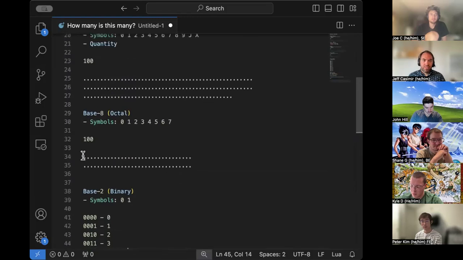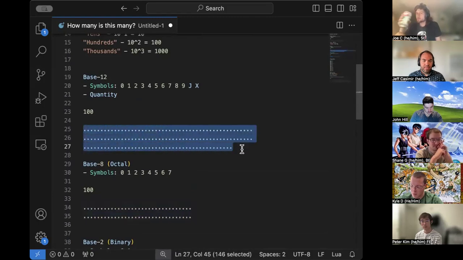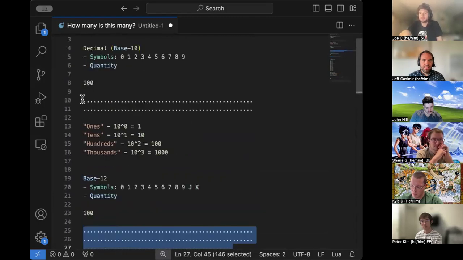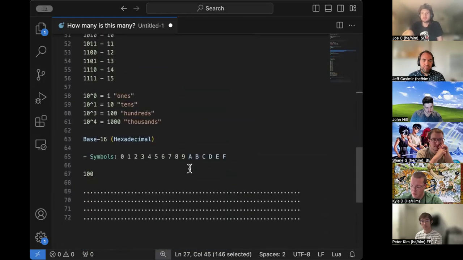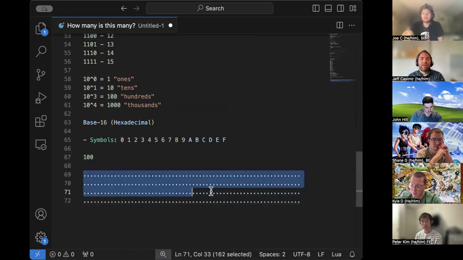Very exciting. 100 in base 8 would be this many. 100 in base 12 would be this many. Base 10, this many. But you can see that in base 16, in just these three symbols, we've represented a very large quantity, much larger, because we had more symbols, more quantity per symbol.